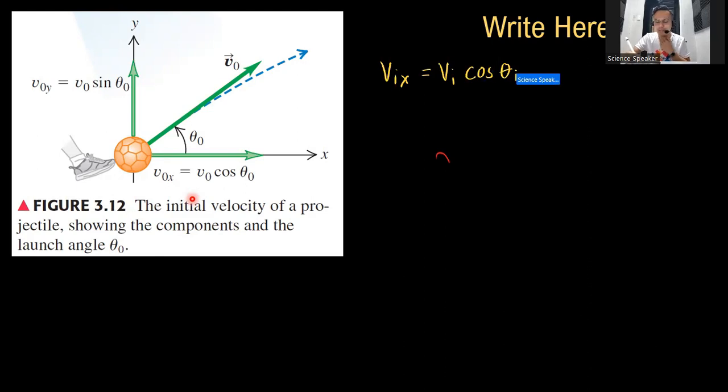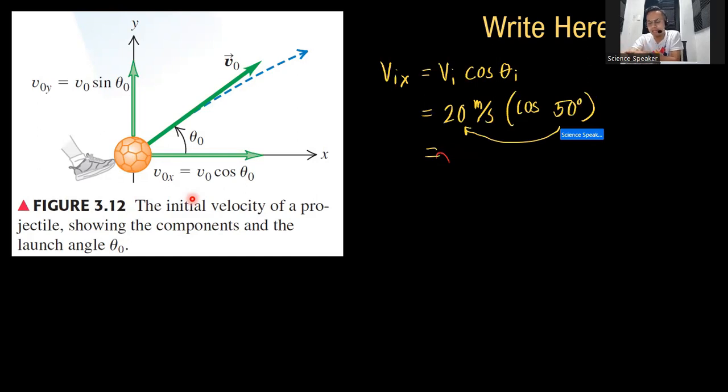Granting that the initial velocity is 20 meters per second, we simply substitute 20 meters per second. Then you have cosine theta, assuming that the angle is 50 degrees. So you simply compute cosine 50 first, then multiply the answer by 20. That should be the x component of this initial velocity.